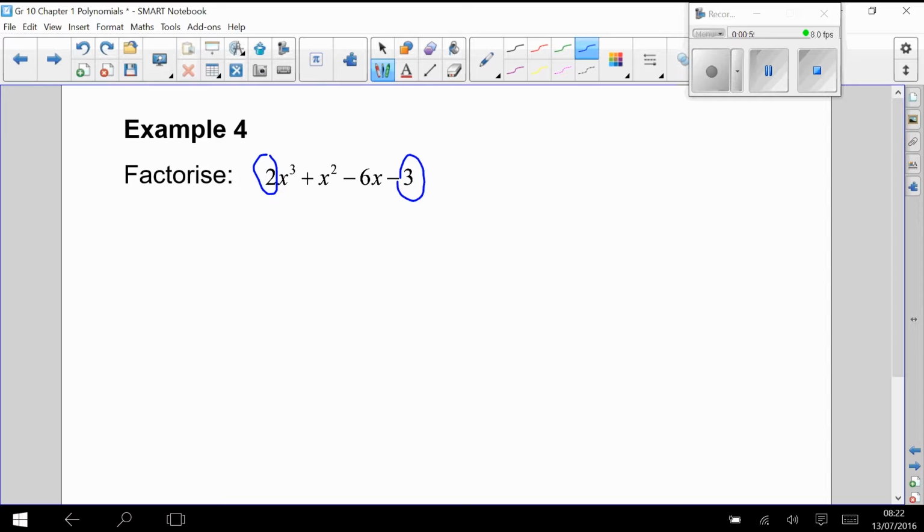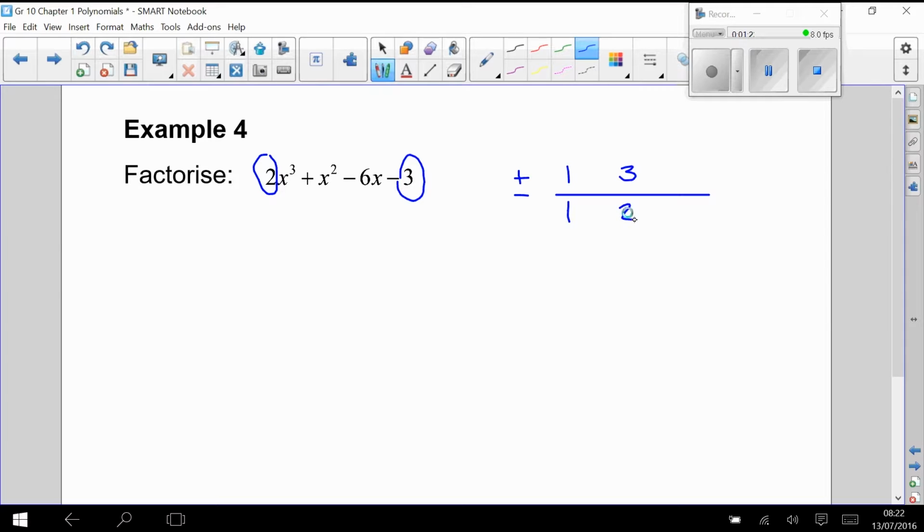So I could be substituting in plus or minus the numbers that can go into 3, which are 1 and 3, over the numbers that can go into 2, which are 1 or 2.